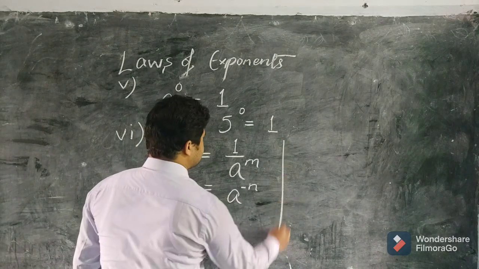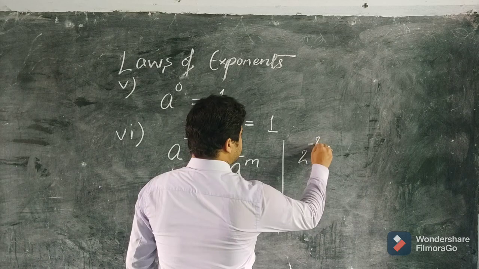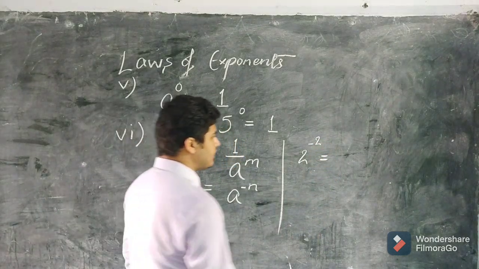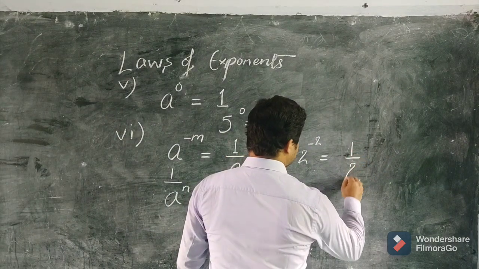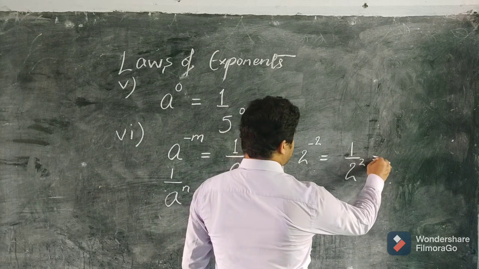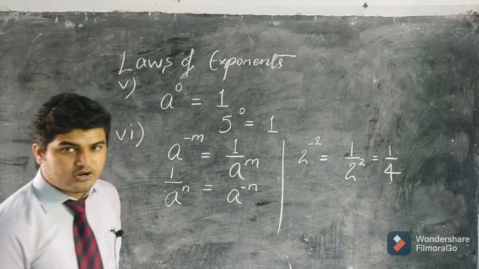For example, 2 raised to the power minus 2 can be written as 1 upon 2 raised to the power 2, that is 1 upon 4.